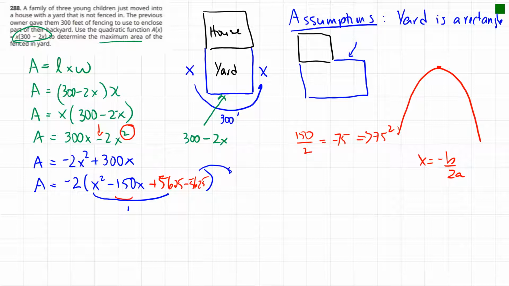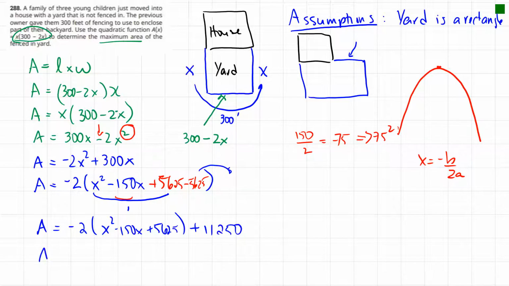So my equation then becomes A equals negative 2 times (x squared minus 150x plus 5,625) plus, a negative times a negative is a positive, 11,250.